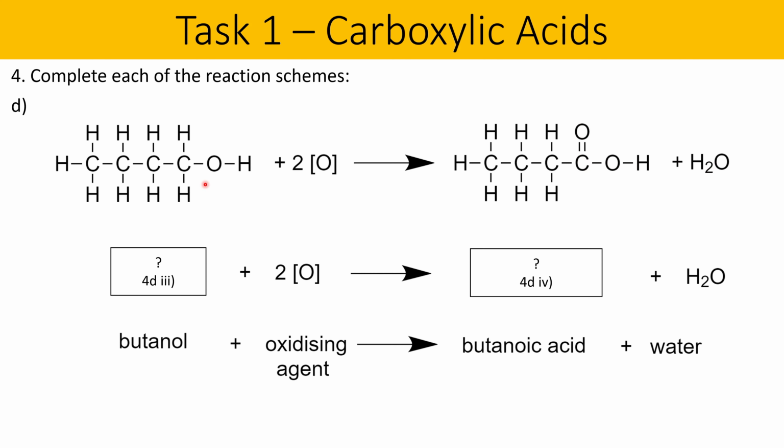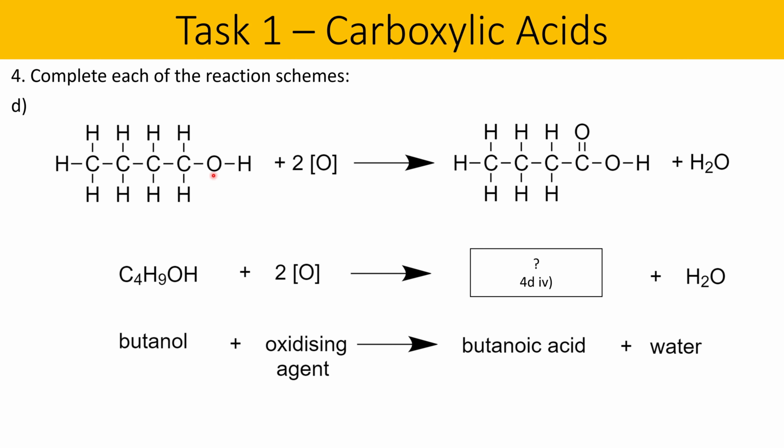So next up we've got to give formulae for both our butanol and our butanoic acid. So butanol, what we're going to do is abbreviate this whole structure and then slap OH on the end of it. So I've got C4 and it looks like H9 there. So I'm going to write that C4H9OH. And again for the carboxylic acid, what I'm going to do is abbreviate the whole bit up until the functional group.